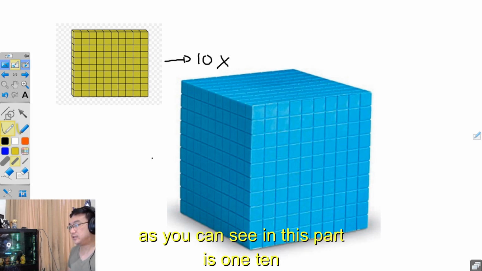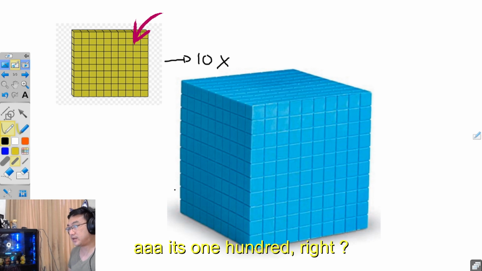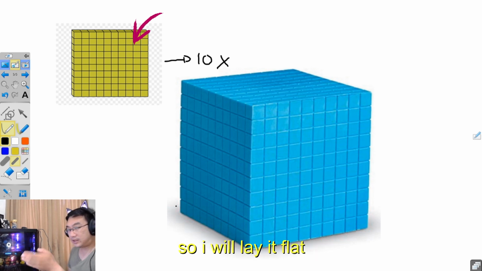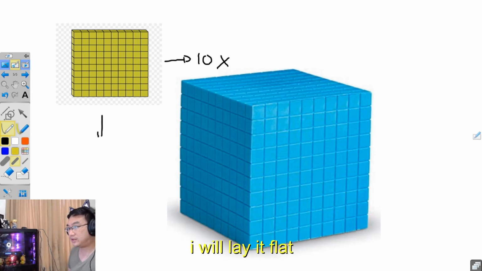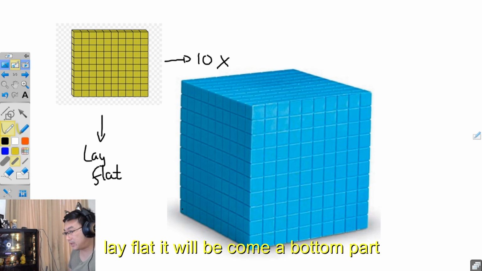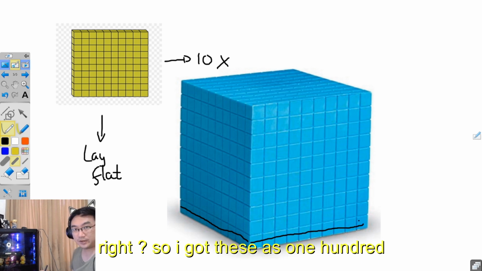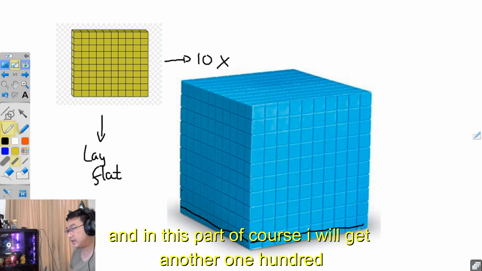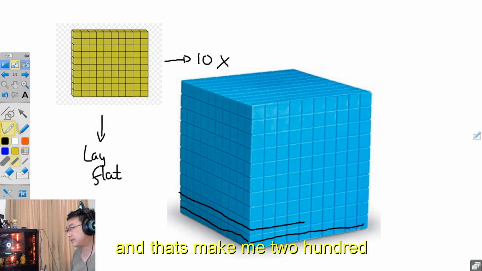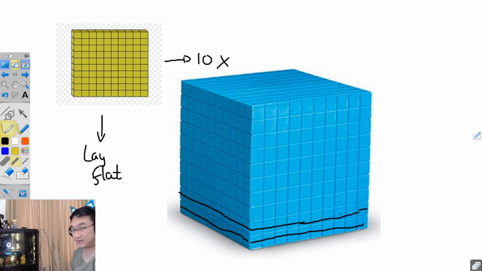As you can see, in this part is 100, right? So I will lay it flat. Lay flat, it will become the bottom part. See? It will become this bottom part. So I got this as 100, and in this part, of course, I will get another 100, and that makes me 200, right?